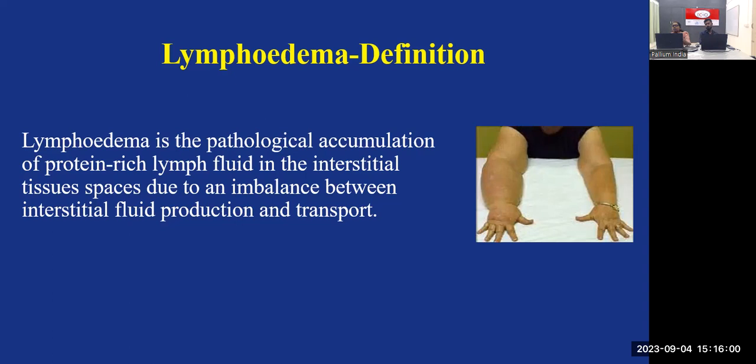At that time, the affected area, for example the hand, will be edematous. That is called lymphedema. Lymphedema is a pathological accumulation of protein-rich fluid in the interstitial space due to an imbalance between interstitial fluid production and transport.